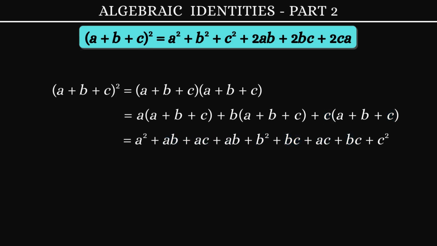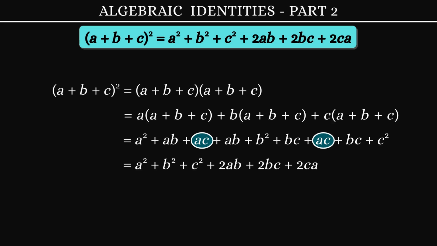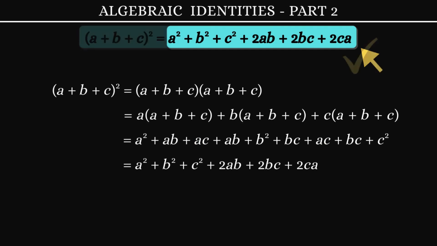First, we'll group these terms a squared plus b squared plus c squared. Then, on adding the like terms, we have 2ab plus 2bc plus 2ca. This is the right hand side, hence proved.